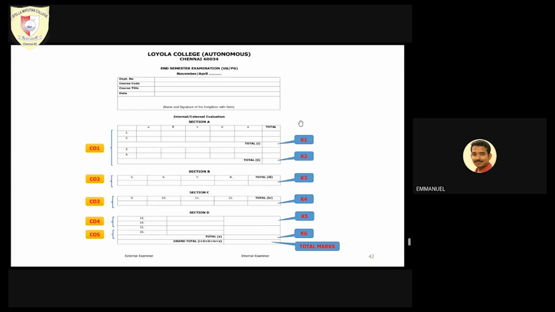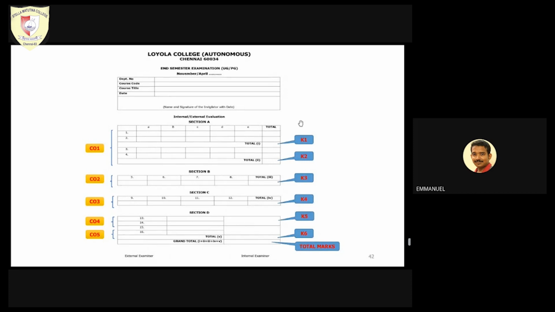So the attainment calculation will be easier according to the Loyola LOCF model. That is the purpose. Of course, this will take a lot of papers, and memory space should be increased.